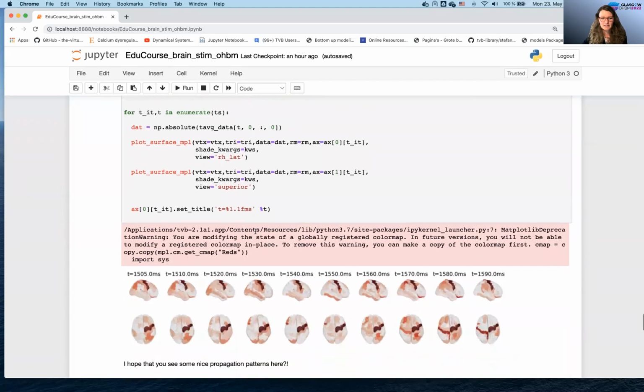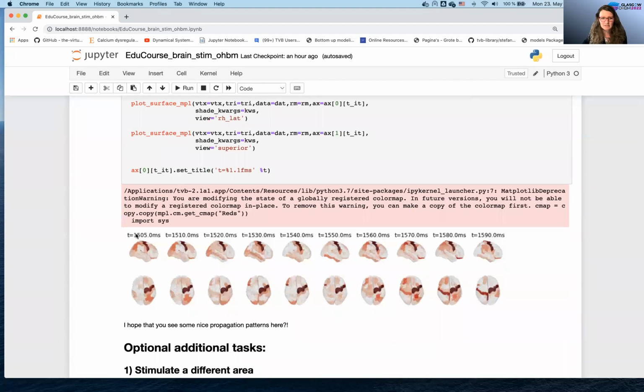So this function now plots what we've just simulated, 1,500 milliseconds after the onset of the stimulus. It plots the regional activity. When a region is darker here, it means it has a high level of firing rate. All right, so we can see that it propagates.